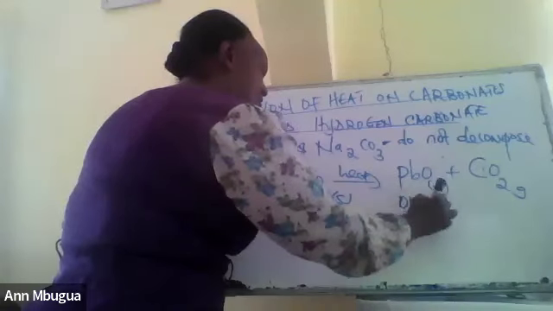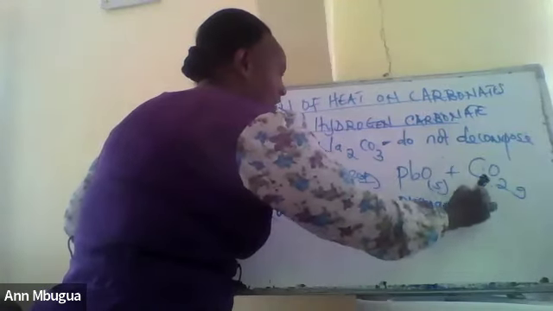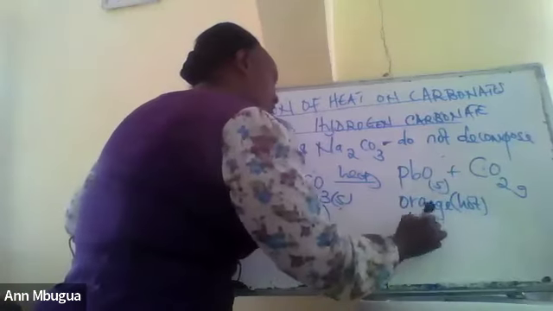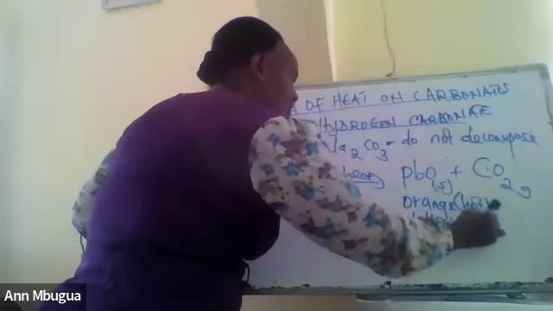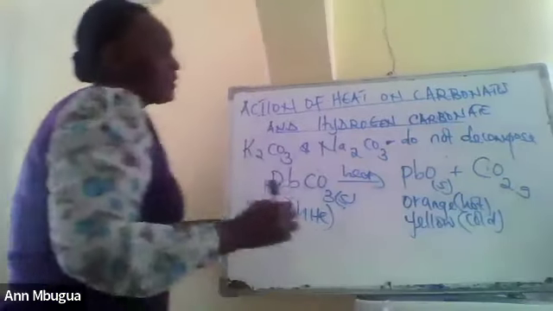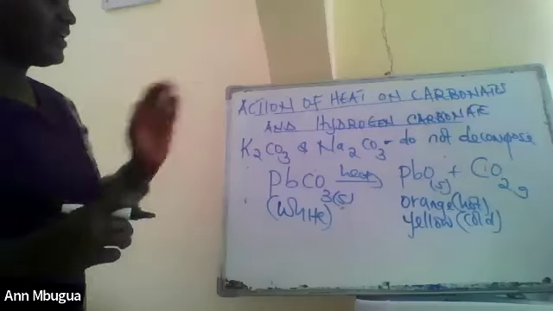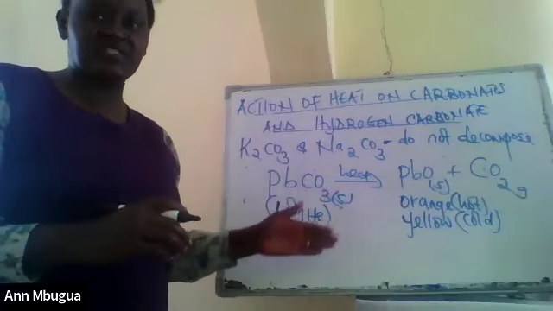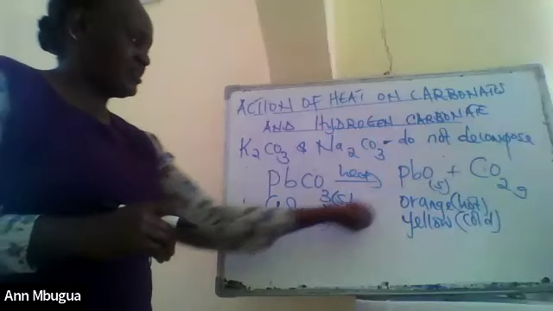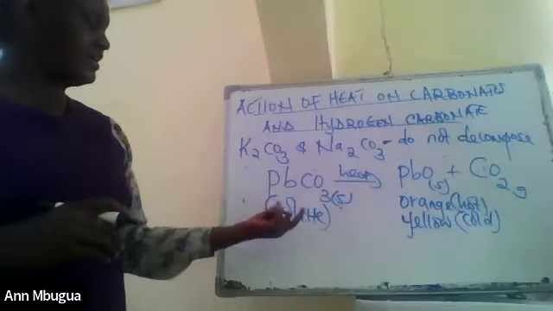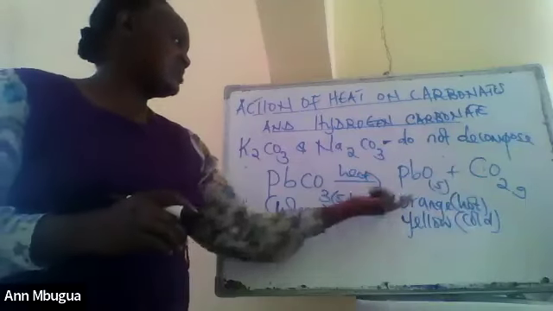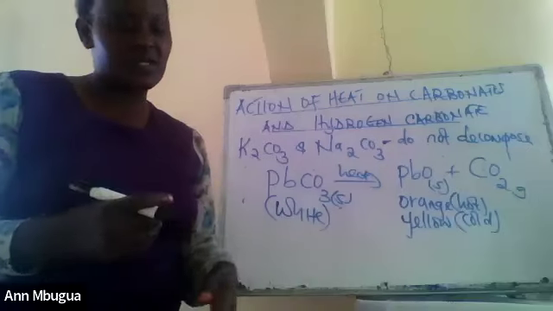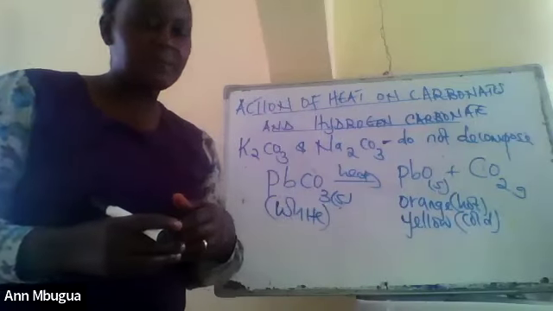It is orange when hot and yellow when cold. So, if the diagram is drawn and you are told to state and explain the expected color changes, you should capture the two color changes. On heating, it changes from white to a solid, which is orange when hot and yellow when cold.